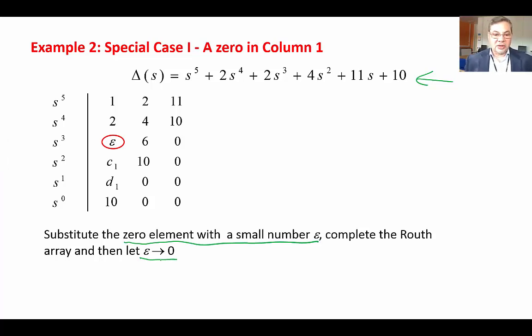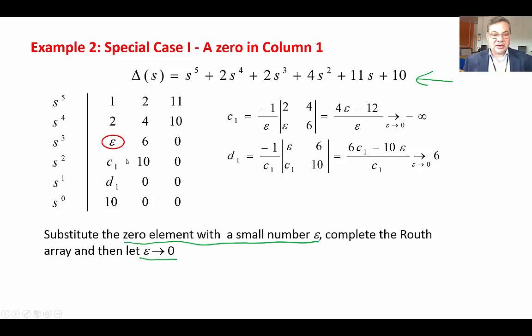So if we carry on calculating, we find that C1 will be epsilon multiplied by 4 minus 12 divided by epsilon. Yes, that's 4 epsilon minus 12 over epsilon. When epsilon goes to 0, that will be minus infinity. Then C2, well, that's C1.